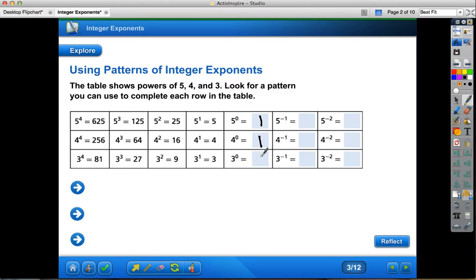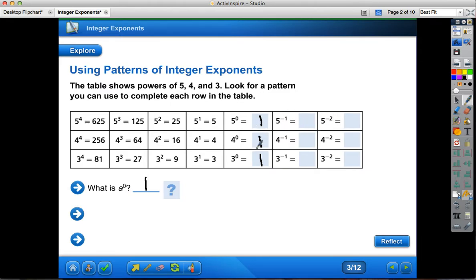If I do 3 divided by 3, I get 1. So if I follow the patterns, I get 1 for all of my answers. These are correct. So what conjecture can we make about any number to the 0 power? What will the answer always be? Anytime you see a number to the 0 power, you know that the answer is going to be 1.